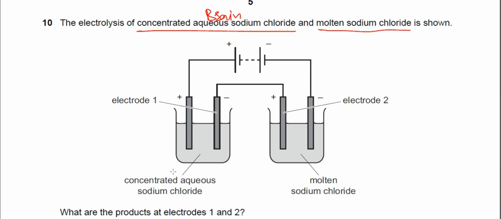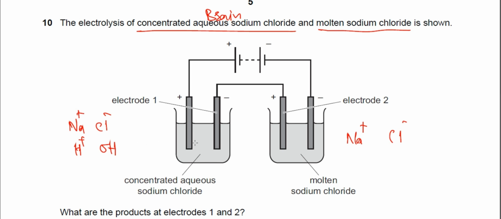Brine is different from molten sodium chloride. So see here, we have sodium chloride, but it's concentrated. So what type of ions are there? Sodium ion, chloride ion, hydrogen ion and hydroxide ion. But in the molten situation, we contain only sodium ion and chloride ion. Okay, no other ions are there.